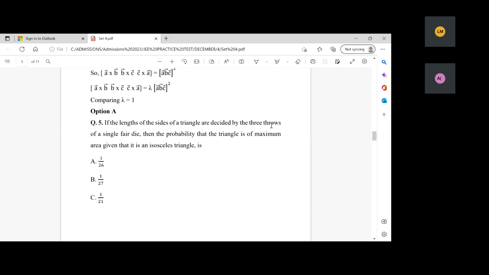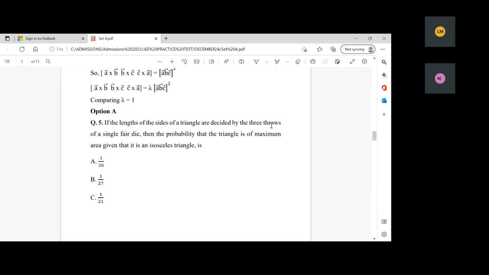So you have three throws to decide the three sides of the triangle, and it's asking us to find the probability that the triangle is of maximum area, given that it is an isosceles triangle.